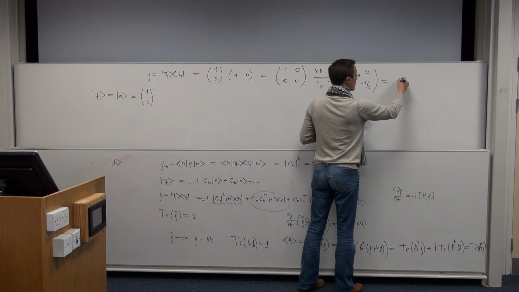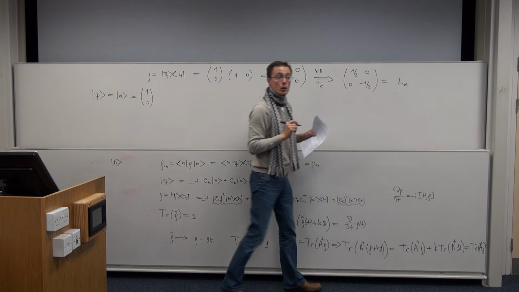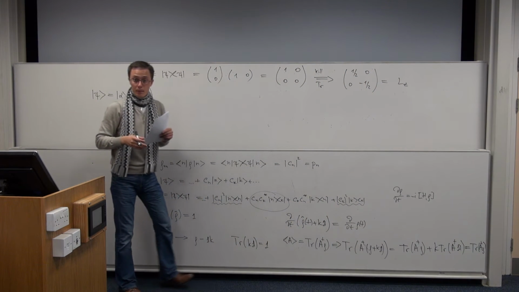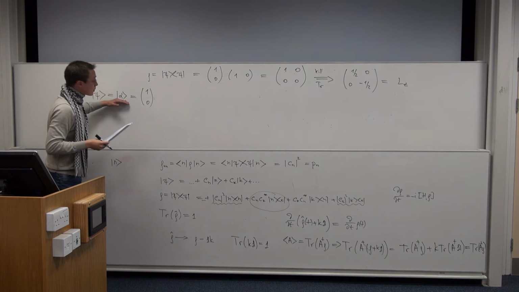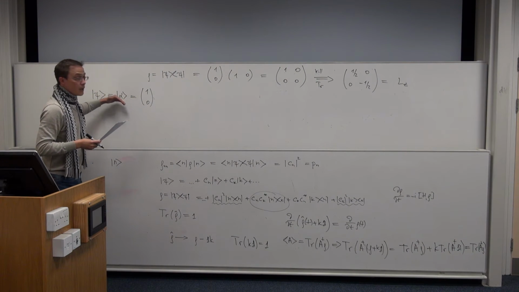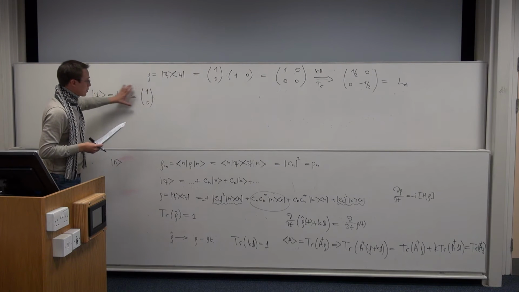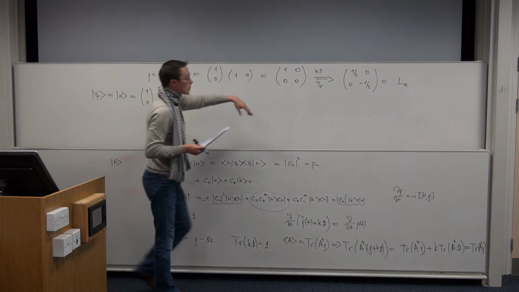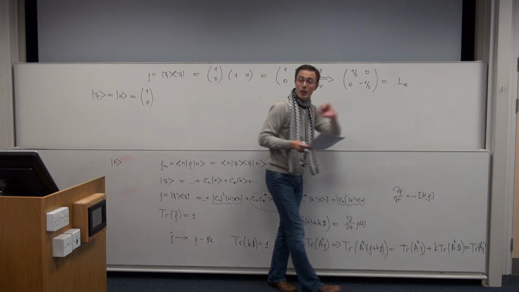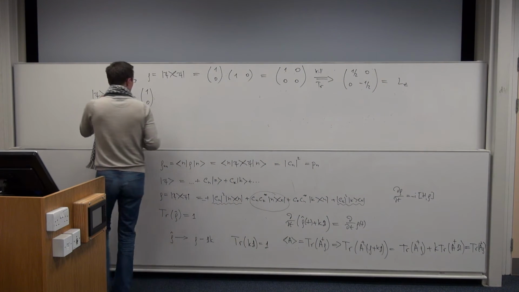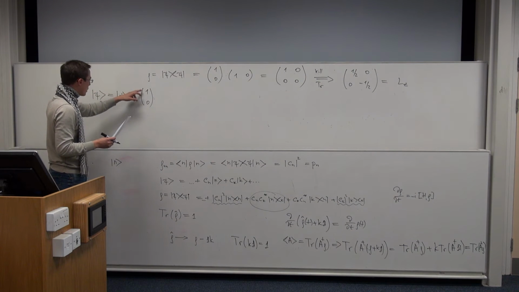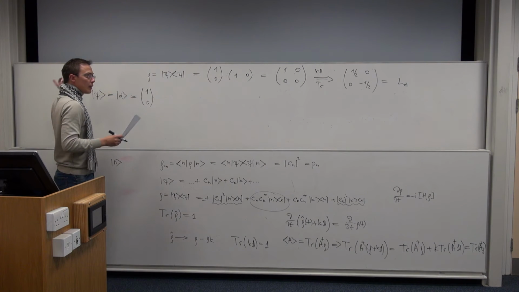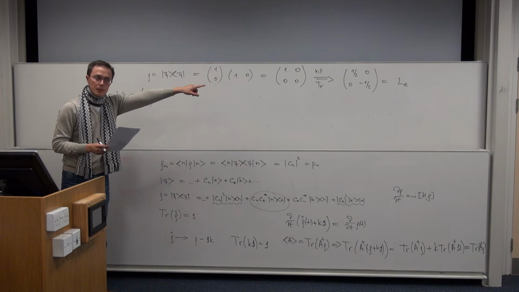That, in fact, is LZ, the Pauli matrix for the Z magnetization. So you see, we've started with the system on Z. We looked at the density matrix and it's equal to LZ. If we had started with the system on X, it would be, I think, 1, 1 and 1 over root 2 in here. Doing the same mathematics, we'd get Lx.